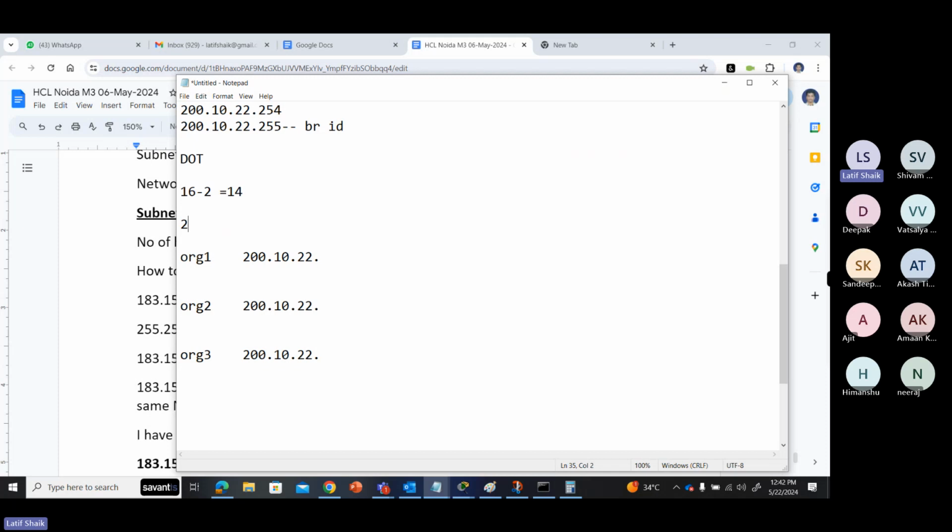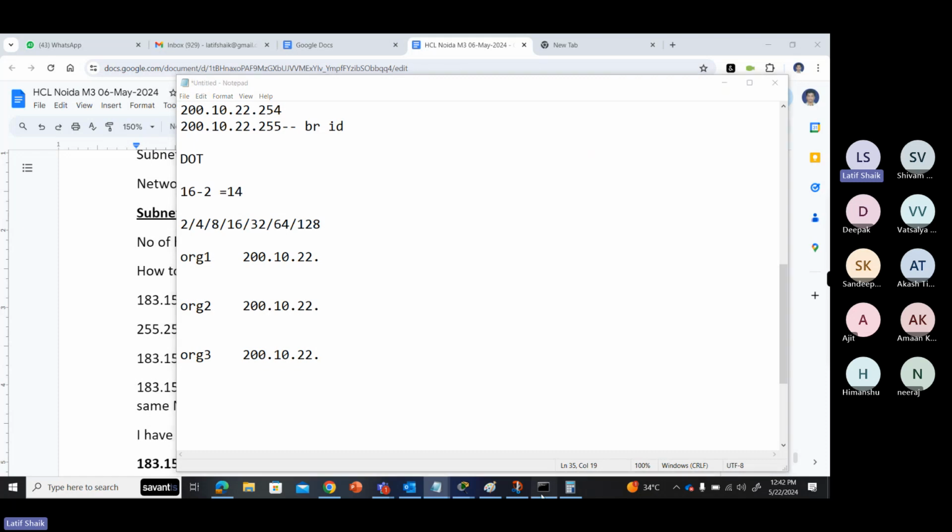We can divide one network into 2, or into 4 networks, or 6 networks, or 8 networks. We can divide into 16 networks, or 32 networks, or 64 networks, or 128 networks, like that. It depends, and it keeps going on like that.